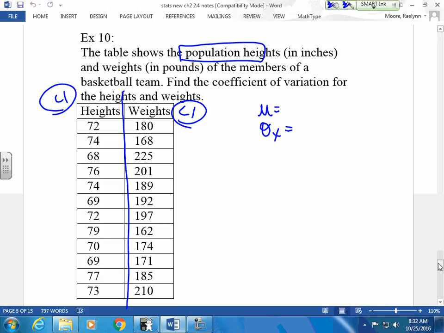I want to know how they relate to each other. But I really have no way of saying now, a height of 52, a height of 72, a weight of 180, what does that mean to me? So if I look at their coefficients of variation, I should be able to compare them. Which one was more relative to the mean?